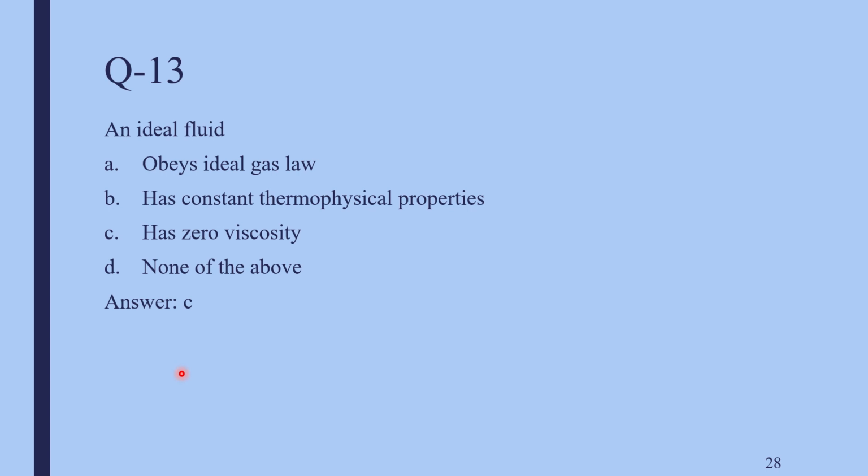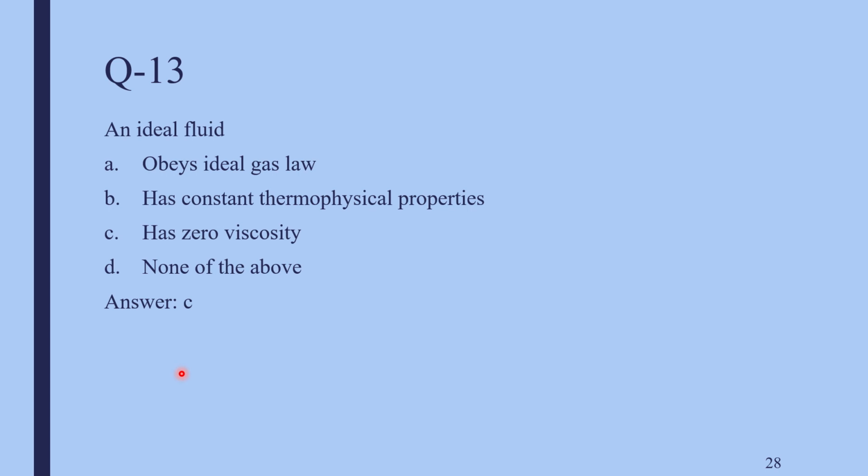In question 13, it is asked which of the following is an ideal fluid. Option A, it obeys ideal gas law. Option B, it has constant thermophysical property. Option C, it has zero viscosity.